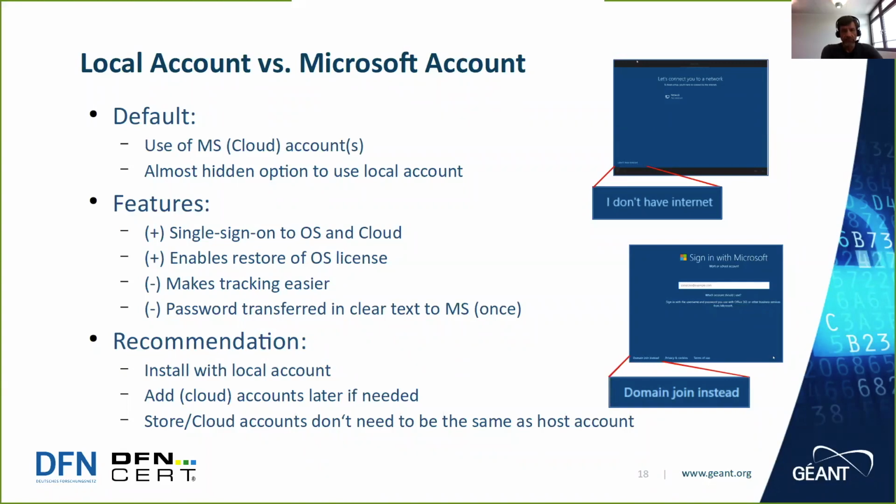But if we don't want Microsoft to have access to our clear text password, then we have to go with the local account. And this is not really something that prevents us from adding a cloud account later.